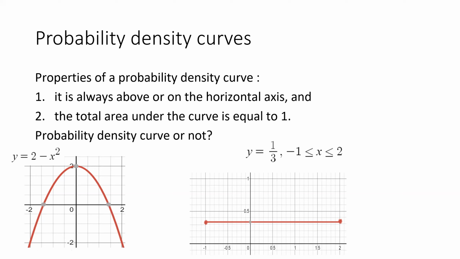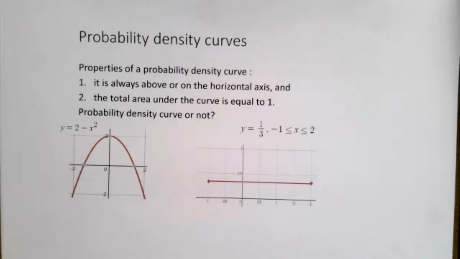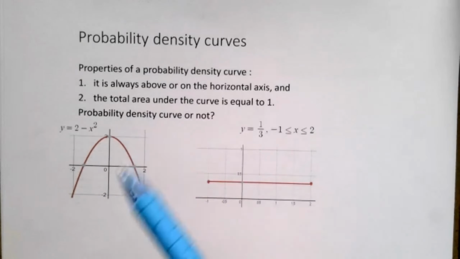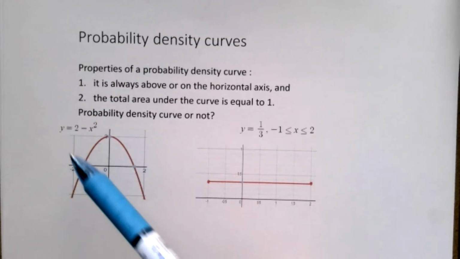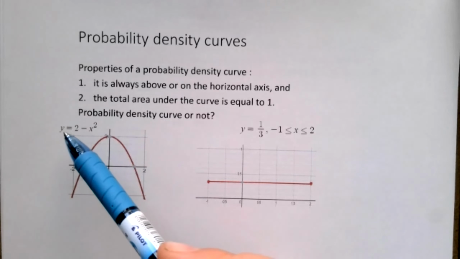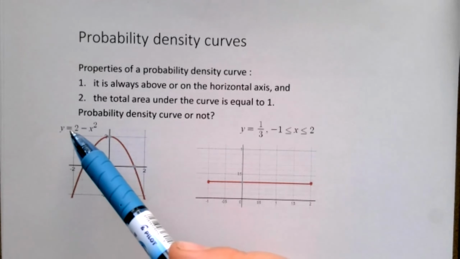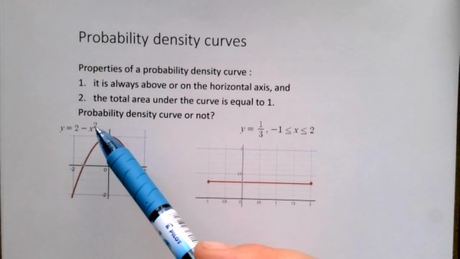Now, let's take a look at some examples and see whether or not they are probability density curves. So here we have a couple of curves. Let's take a look. The first curve that we see is the graph of the equation y equals 2 minus x squared.